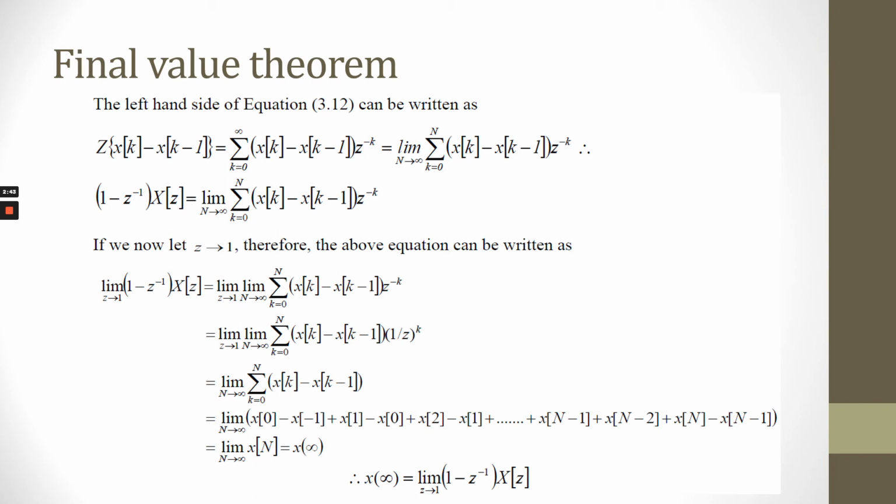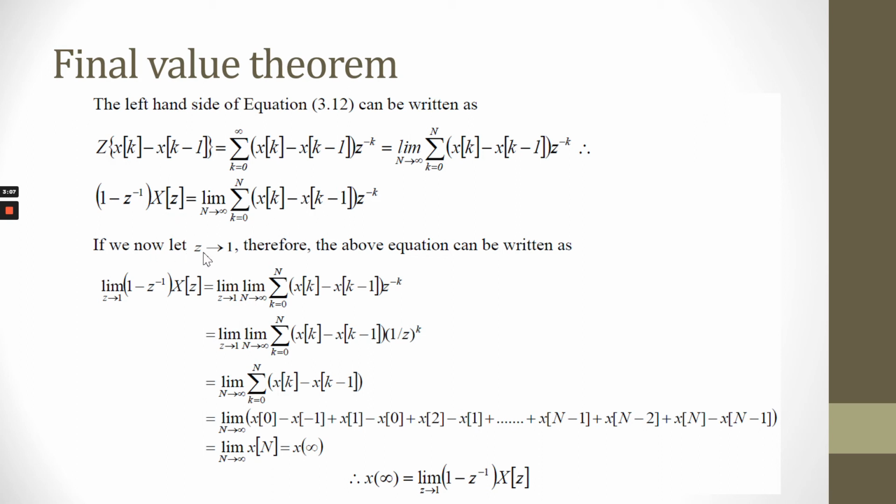For example, based on this equation, we apply the general z transform equation with this limit, approaching infinity with this range, and then we apply the function 1 minus z to the power of negative 1 multiplied by X(z).